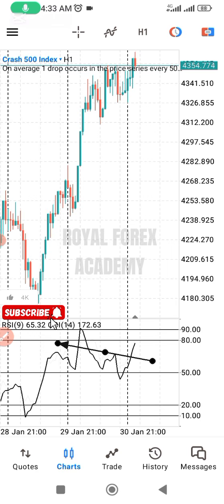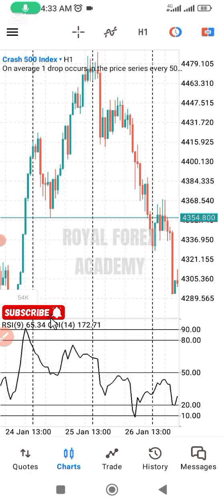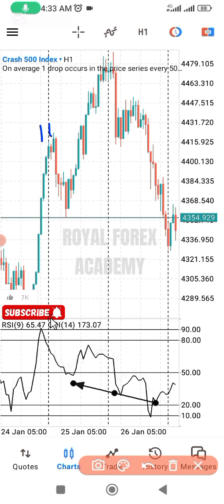So two conditions we'll be using in doing this. Number one is our divergence. One of the functions of our commodity channel index is for us to identify divergence. This is divergence. What is divergence? Divergence is when price is giving us a higher high.